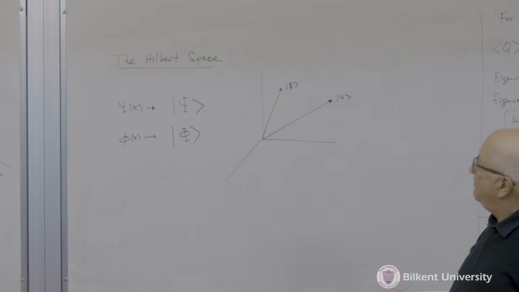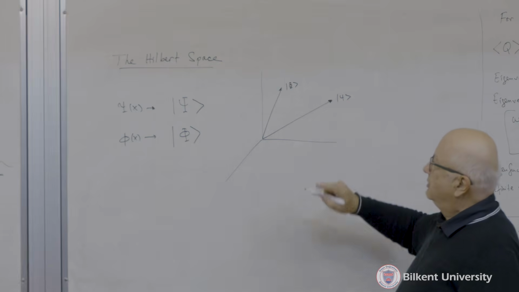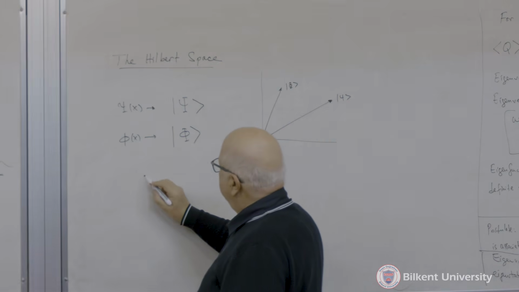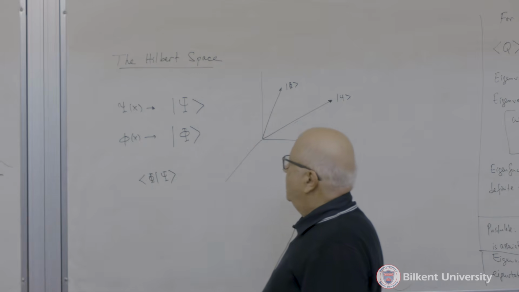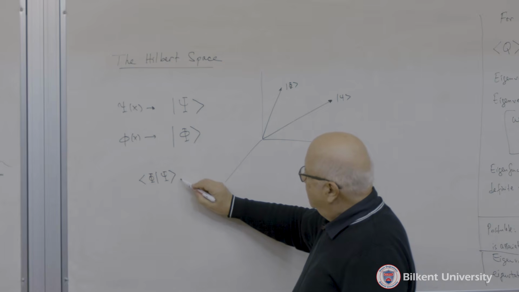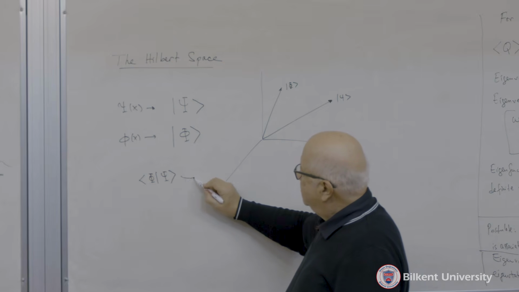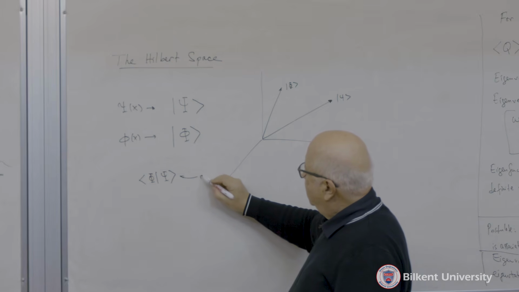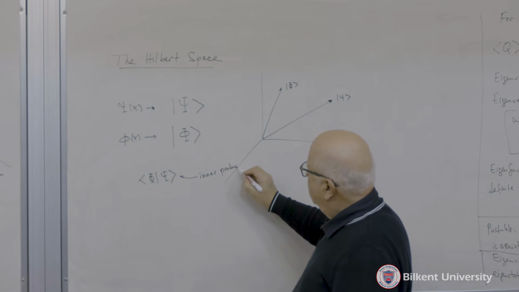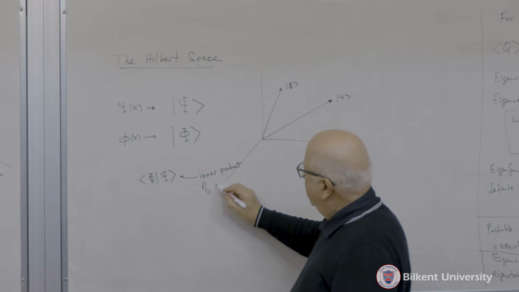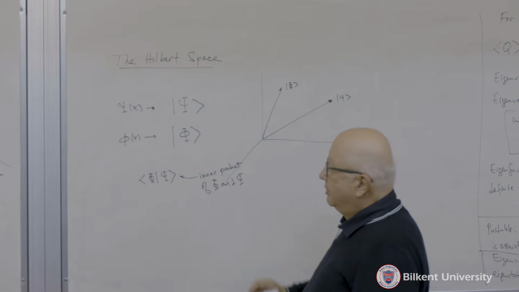Now, we define the inner product. So the inner product of phi with psi. This quantity is now called the inner product of phi and psi.